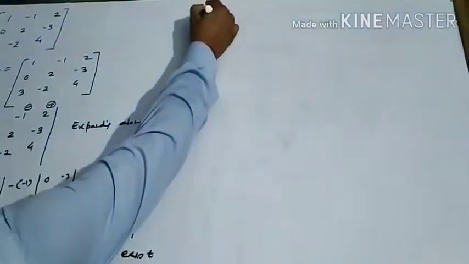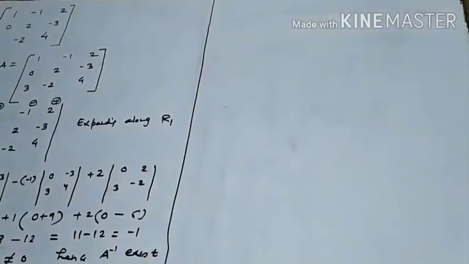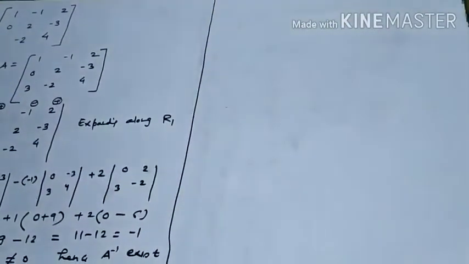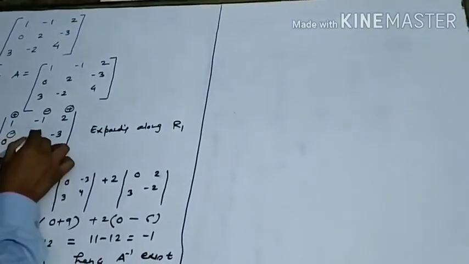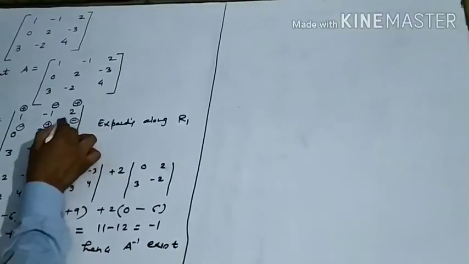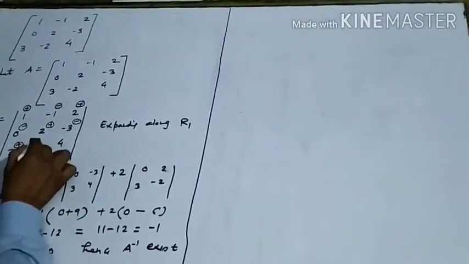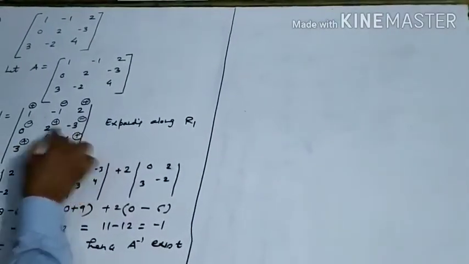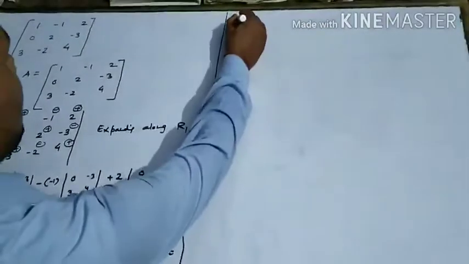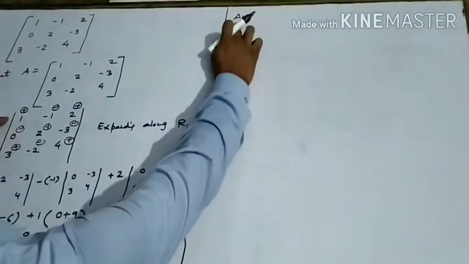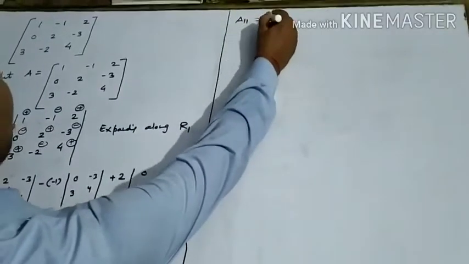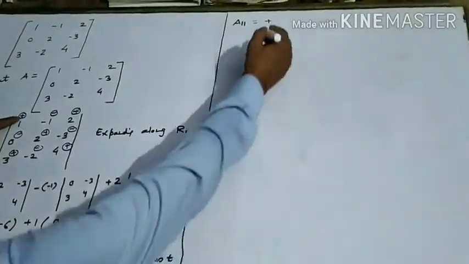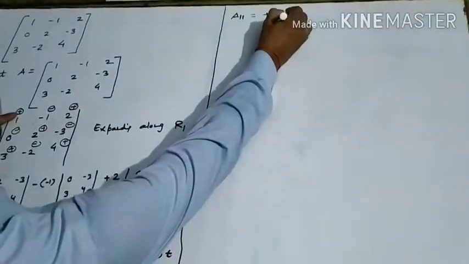After that we want to find the cofactor of each element of matrix A. For that again we are making signs, here minus and then plus, minus and plus, minus and plus. So if A11 is the cofactor of the element of the first row and first column, it obtains the plus sign, and then the minor of the element of the first row and first column. This is equal to the subdeterminant after leaving the first row and first column.